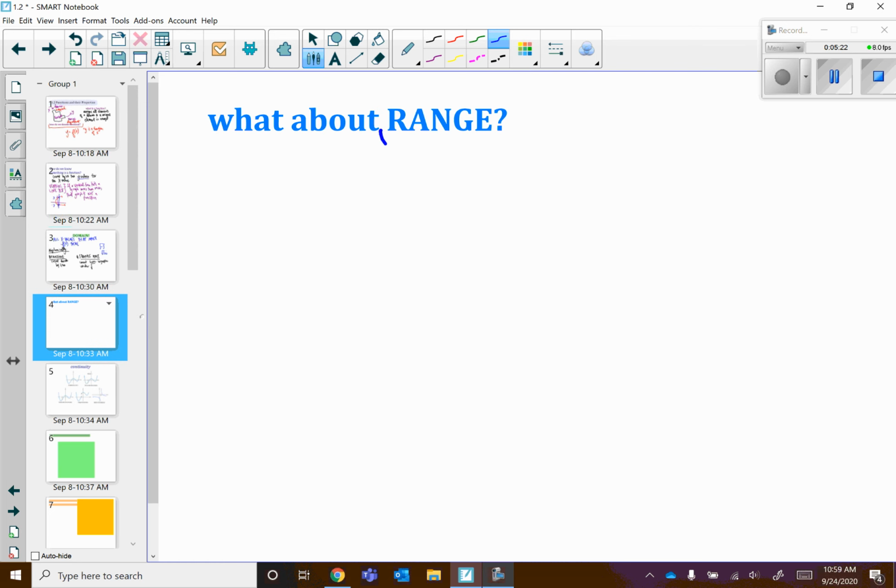Range is our y values. And realistically, the easiest way to think about range is by just visually seeing the graph. What y values does it have?